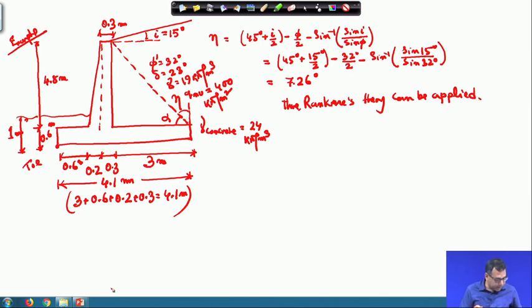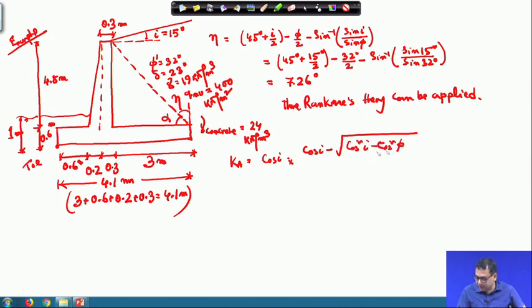So, we will apply the Rankine theory here. For this problem we can apply the Rankine's theory, and the K A expression for the inclined backfill is cos I into root over cos square I minus cos square phi divided by cos I plus root over cos square I minus cos square phi.